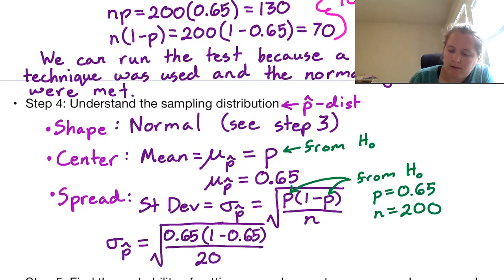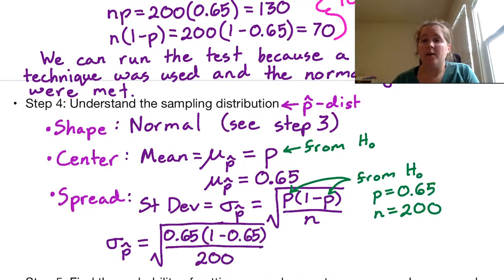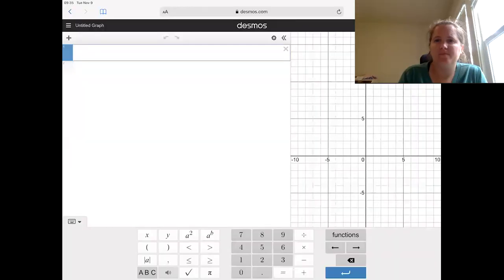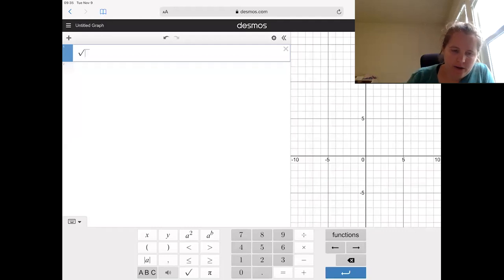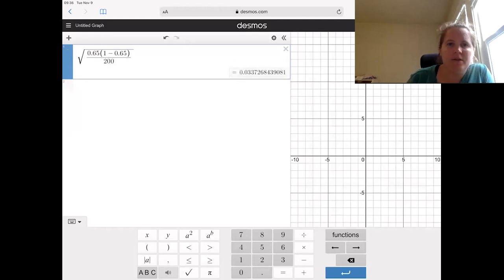divided by 200. Now I'm going to switch over to decimals, which you are welcome to use. And you can make it so the formula looks precisely like this over in Desmos. So if we type in our formula, we have the square root of 0.65, and then we have parentheses 1 minus 0.65, and then we are dividing by 200.